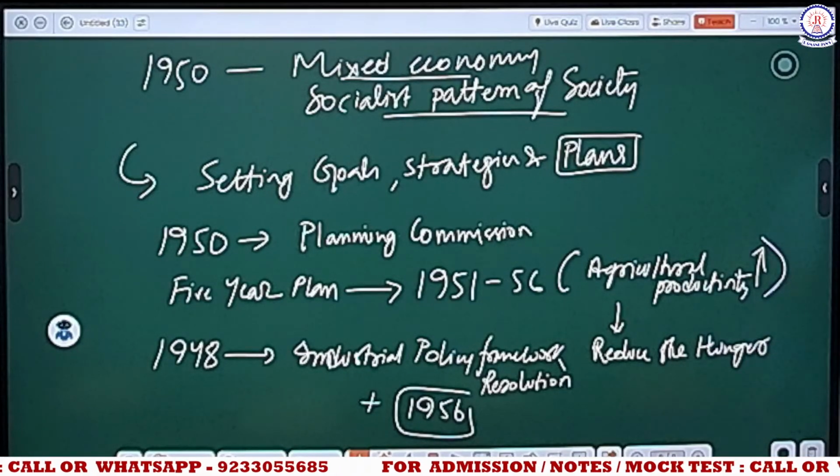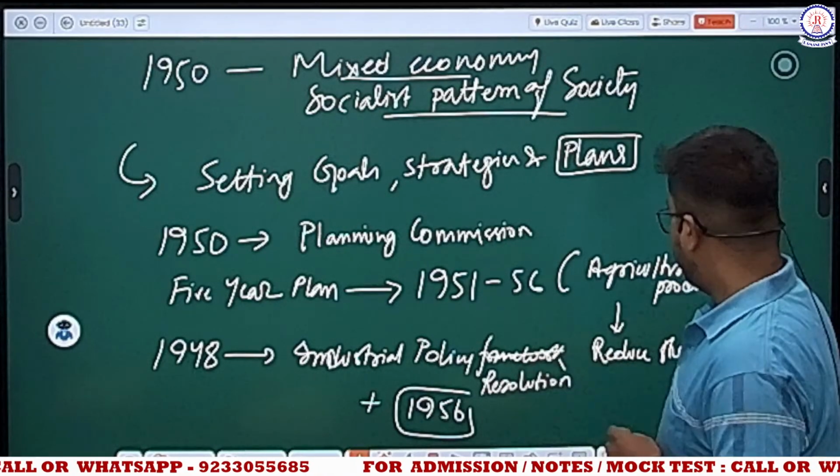The second industrial policy resolution was passed in 1956.